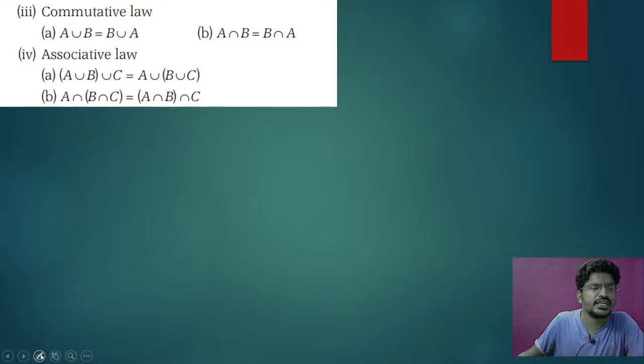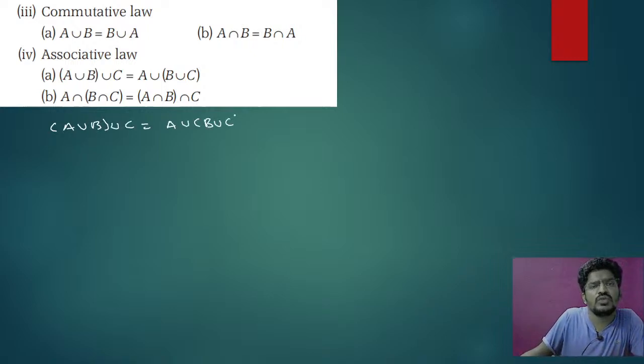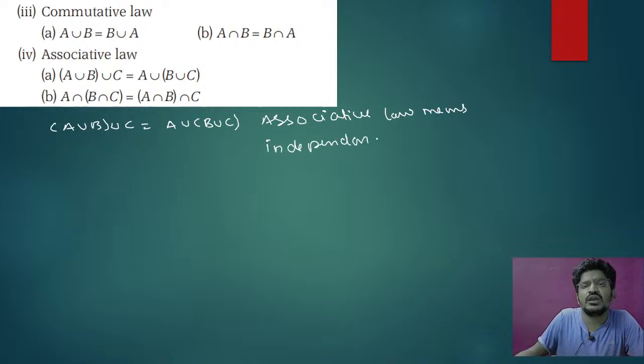Otherwise, you can also write it as (A union B) union C. See this, A union (B union C) will be equal to (A union B) union C. That means associative law means, very important, independency of the brackets.